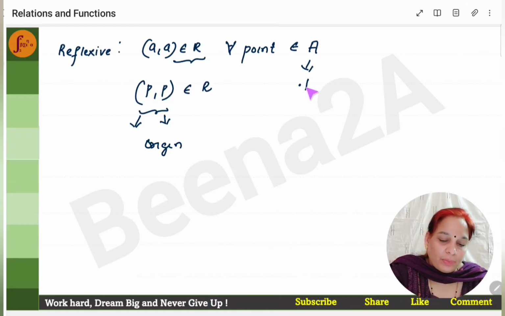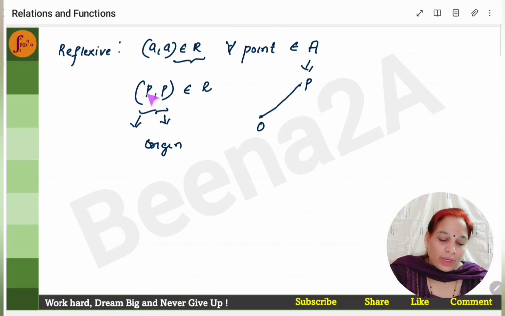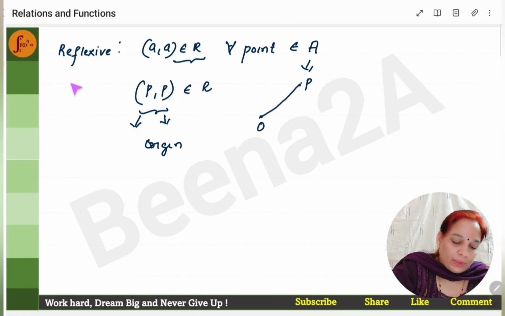If I have the point here and the origin here, the distance is not going to change anytime. The distance is fixed between this point and this point. Therefore, I can say it's reflexive, right? So the distance from O to P is going to be the same.